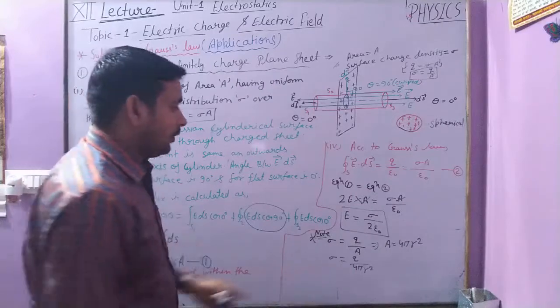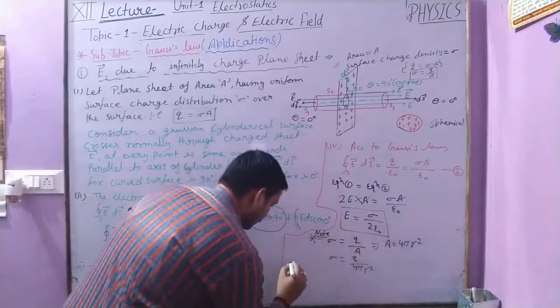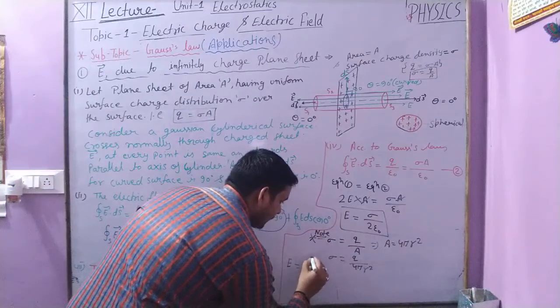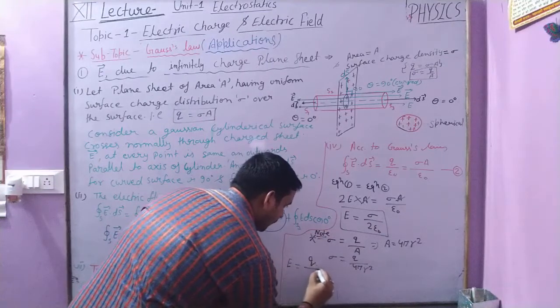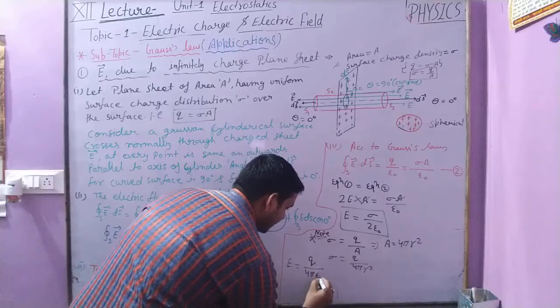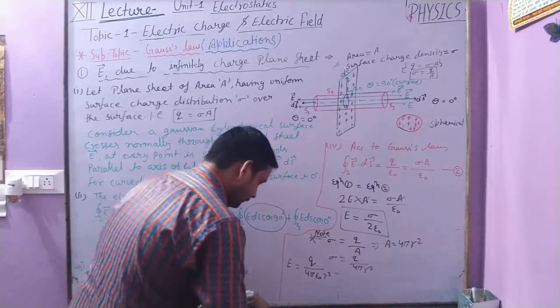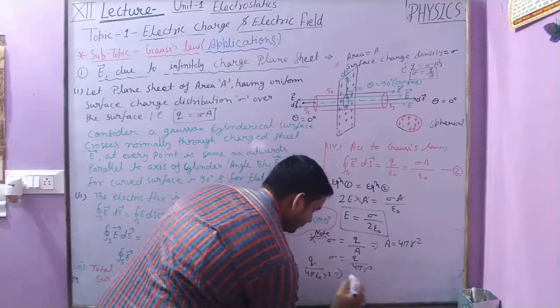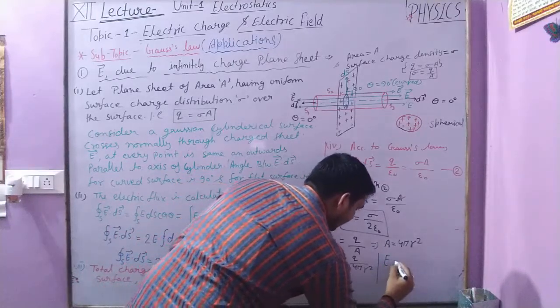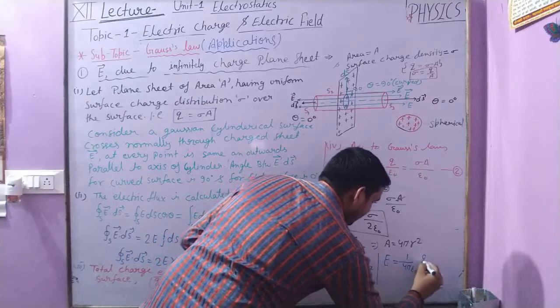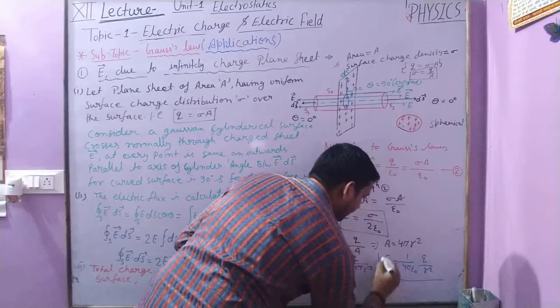Now using this result, you can calculate that E is equal to Q upon 4 pi epsilon naught r square, that is E is equal to 1 upon 4 pi epsilon naught Q upon r square.